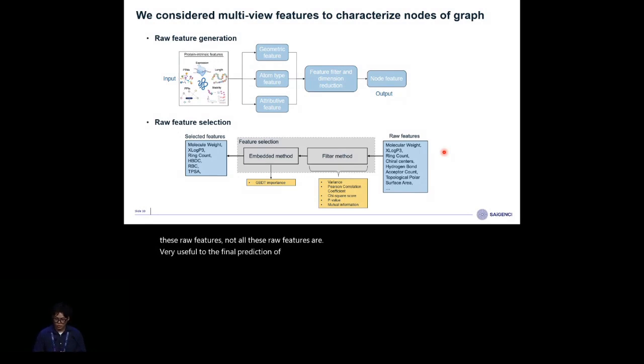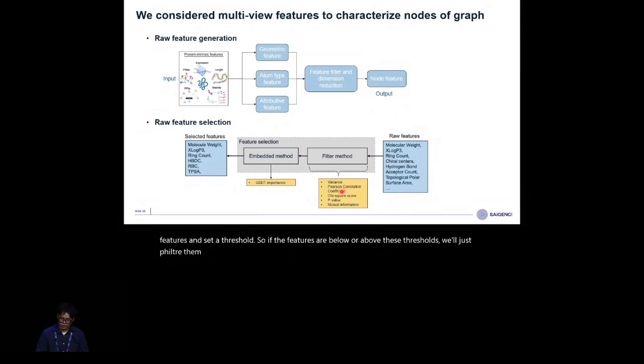So we design the feature selection module here. We first use a filter method, which calculates the statistical distribution of each raw feature and sets a threshold. If the features are below or above these thresholds, we just filter them.